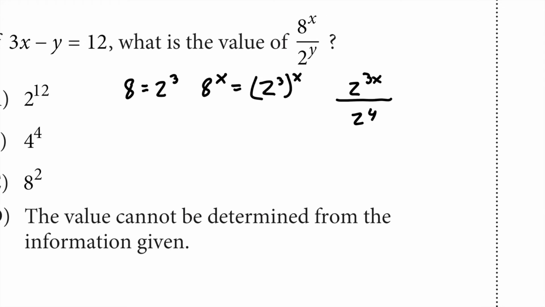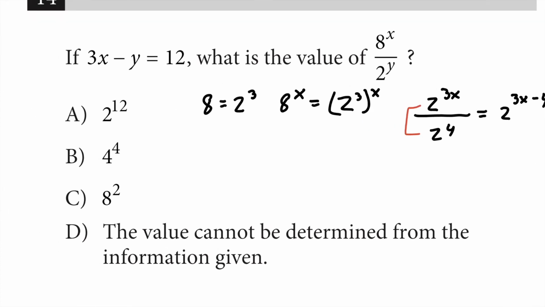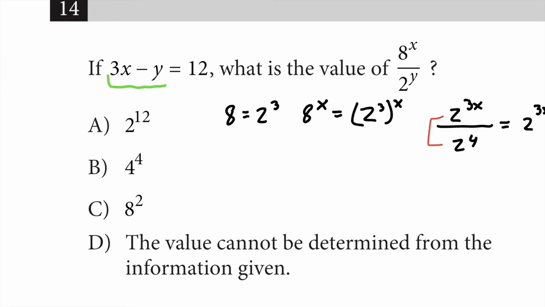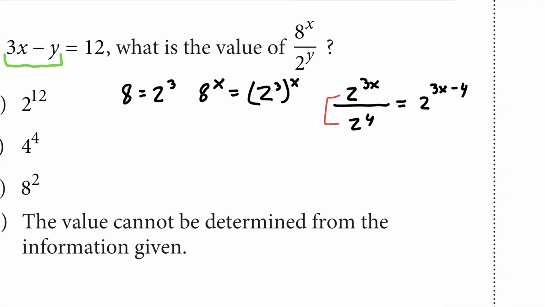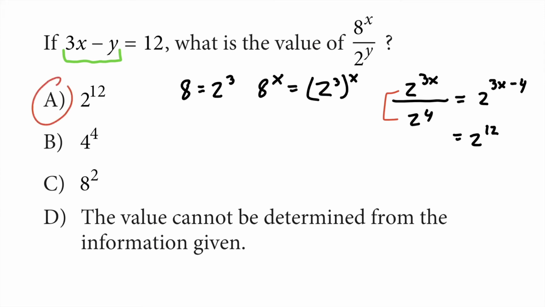Because these bases are the same, we just subtract their exponents and we get 2 to the 3x minus y. But over here, we know what 3x minus y equals, so it's 12. So we just plug 12 in for the 3x minus y, and we get 2 to the 12th. So our answer is A.